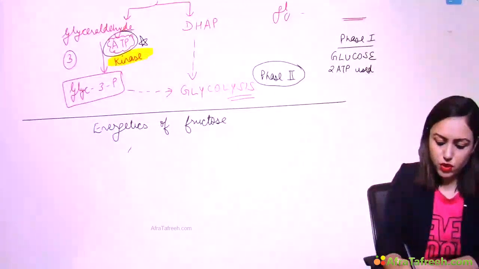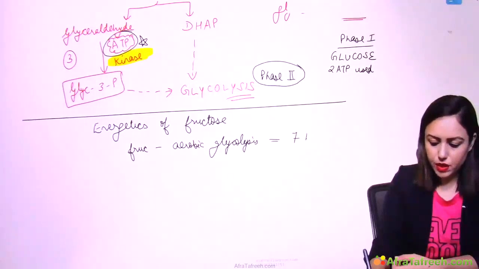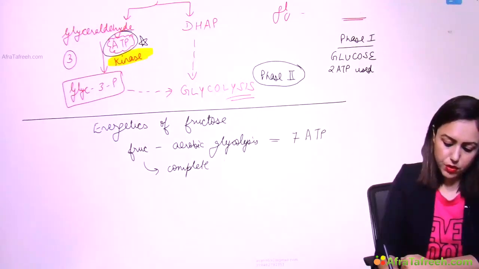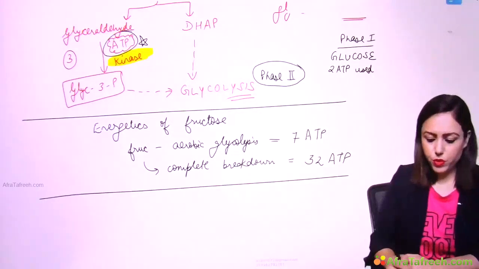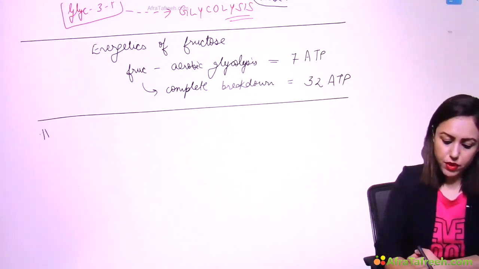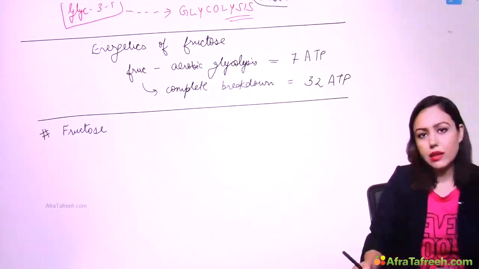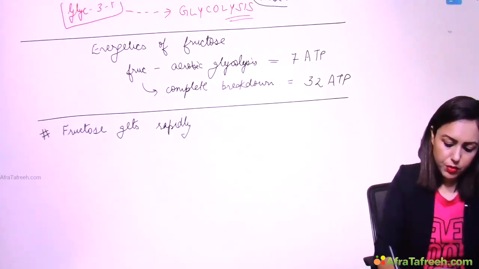So if they ask you fructose after aerobic glycolysis gives how many ATPs, then you will say 7 ATPs. Fructose after complete breakdown will give how many ATPs, then you will say 32 ATPs. Okay, so energetics is same, but one very important point, that as compared to glucose or any other monosaccharide, fructose gets rapidly metabolized.